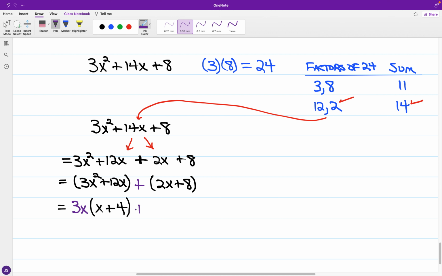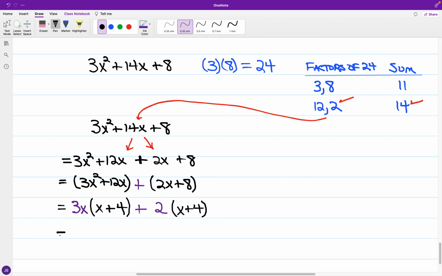Now for 2x plus 8, the greatest common factor is only going to be a number, since 8 is a constant, and the highest number that will go into the coefficient 2 and the number 8 is limited to 2. And 2 into 2x plus 8 is the quantity x plus 4.